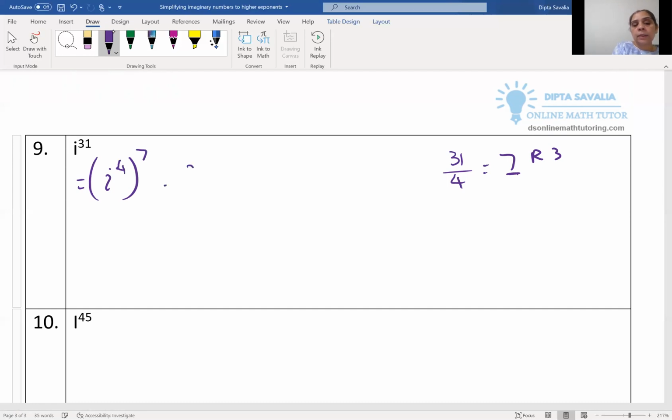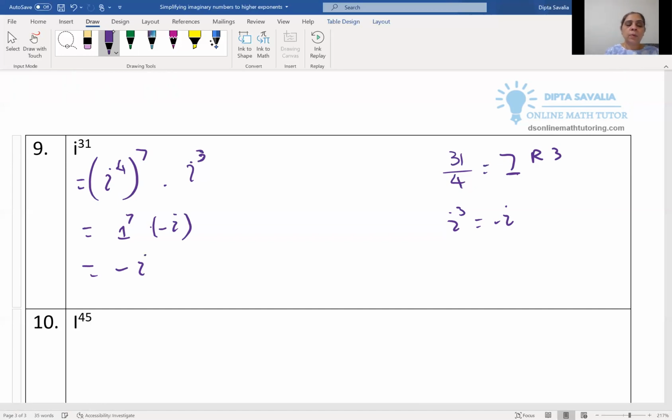And the remainder is cube, so i cube. The fourth power is 1, and 1 to the 7th power, i cube is what? Negative i. So we will get the answer negative i.